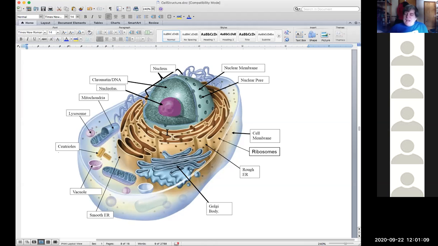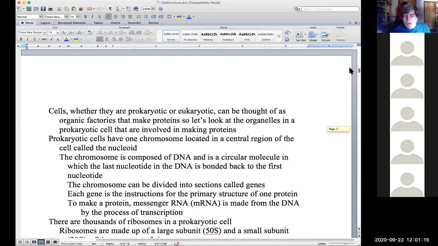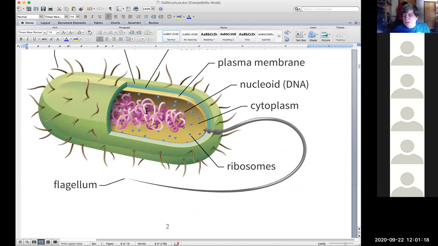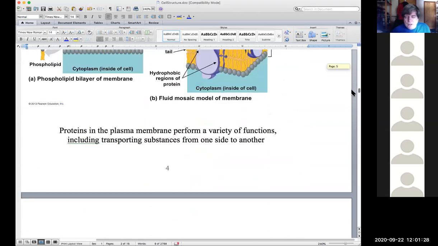Remember, when we looked inside the prokaryotic cell, what did we see? Not all that stuff. All we had in our prokaryotic cell was one chromosome made out of DNA, a bunch of ribosomes, and the cytoplasm. So we've got a lot more parts when we look at a eukaryotic cell.